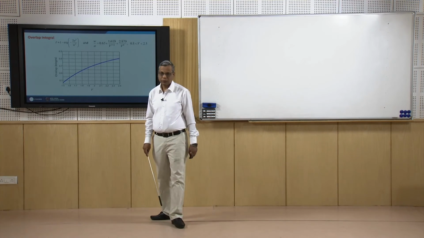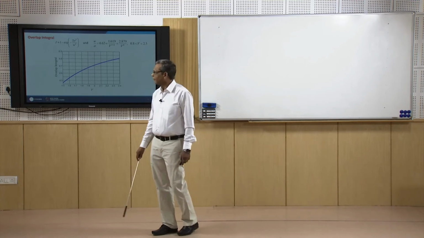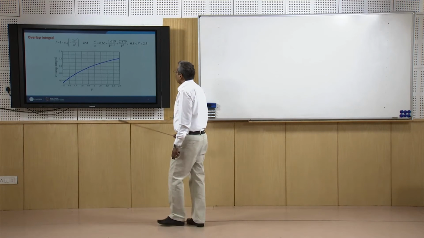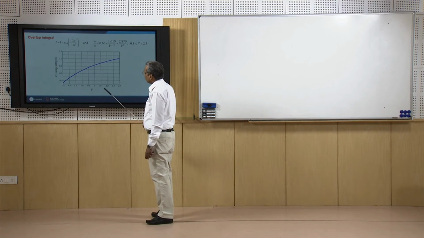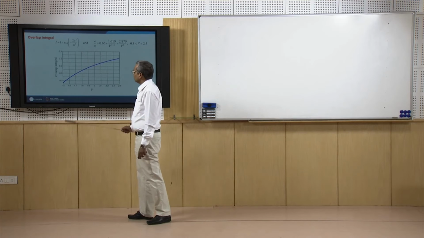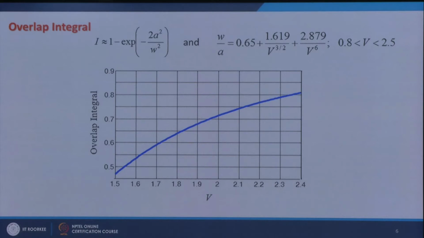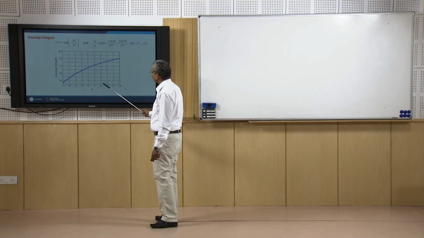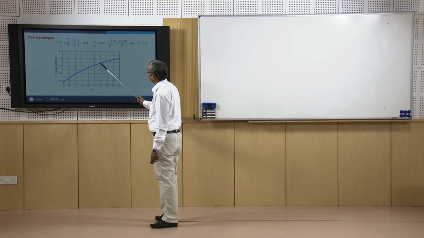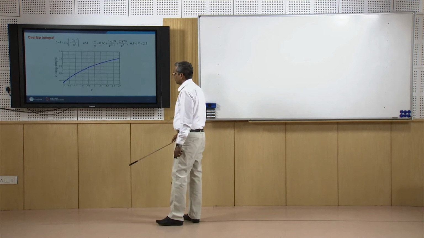This is the empirical formula given by Marcuse. So, I can now find out how this overlap integral will vary with V. It is very simple now to do this. I can see that as V increases, this overlap integral increases.